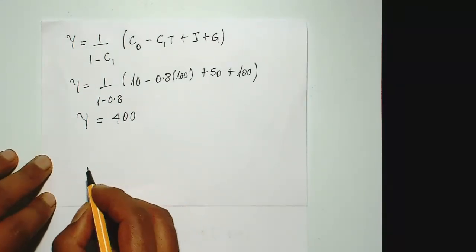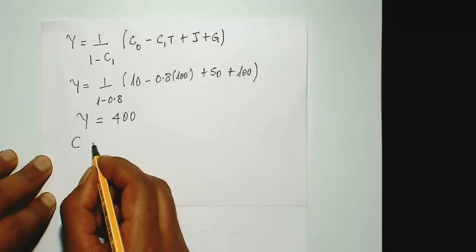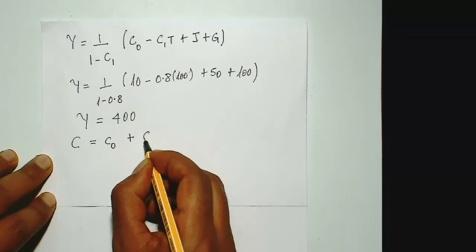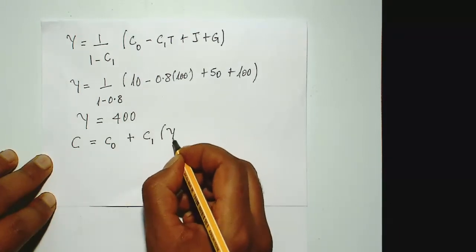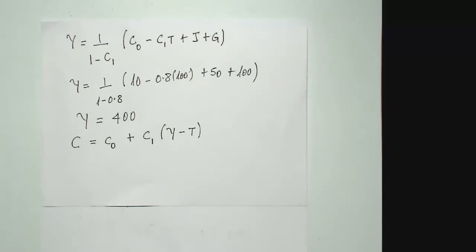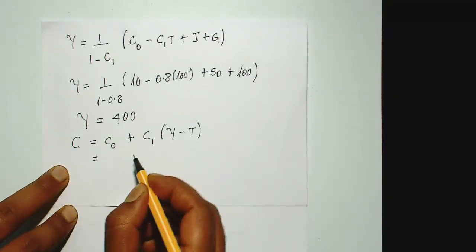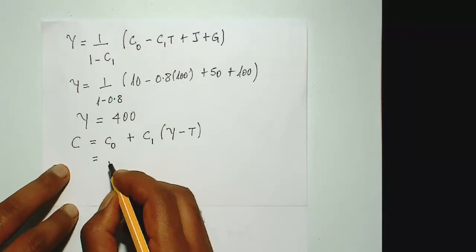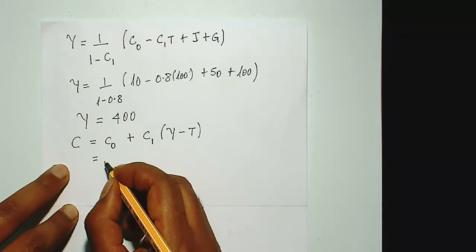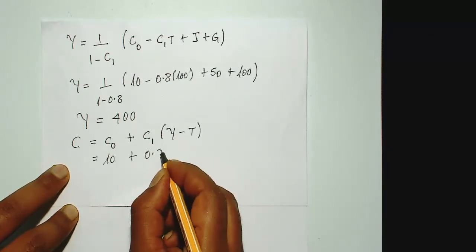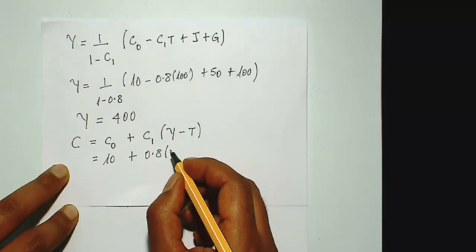Again, the next step that we have to do is calculate consumption, which is autonomous consumption plus marginal propensity to consume multiplied by our disposable income. Here again, we had an autonomous consumption of 50, but it decreased by 40, so we would have 10, and here we would have 0.8.